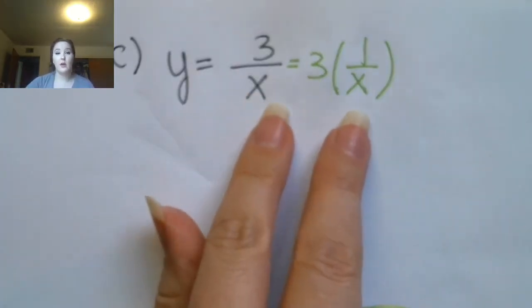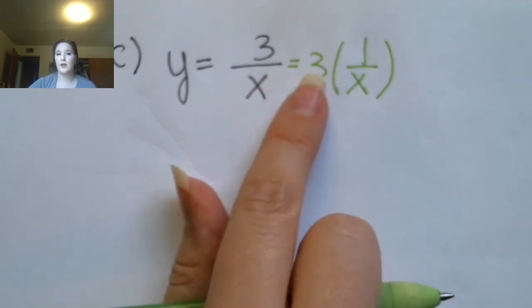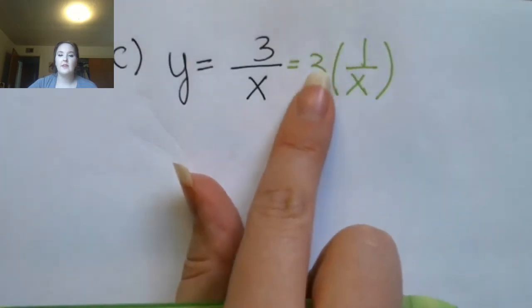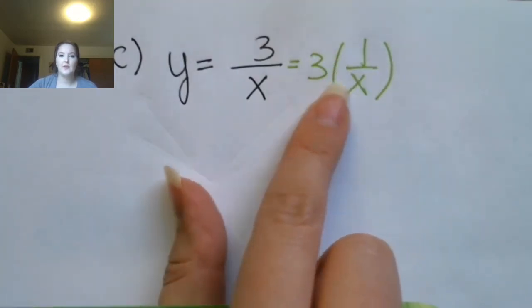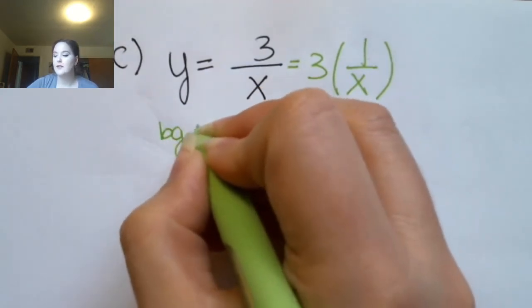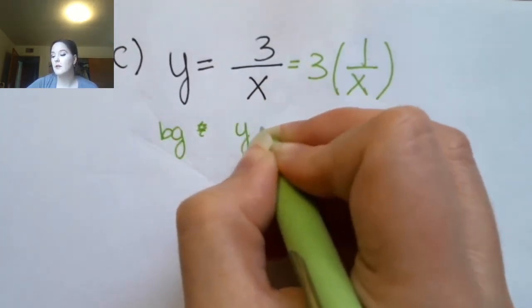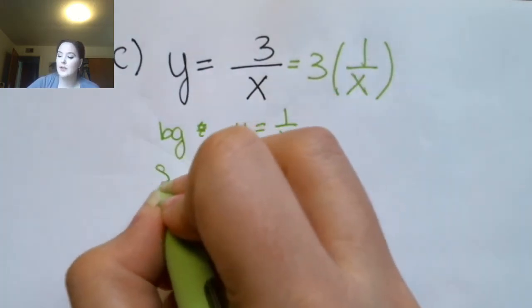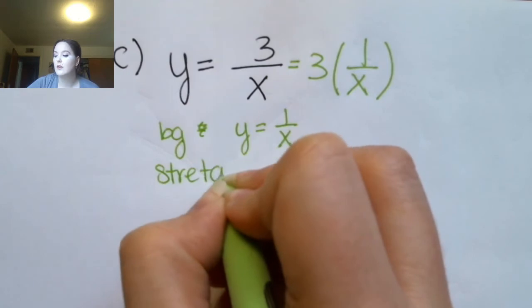These two are equal; that's how you multiply a whole number with a fraction. But this gives me some information about the base graph and the transformation. So my base graph is going to be 1 over x, and my transformation is going to be times 3.